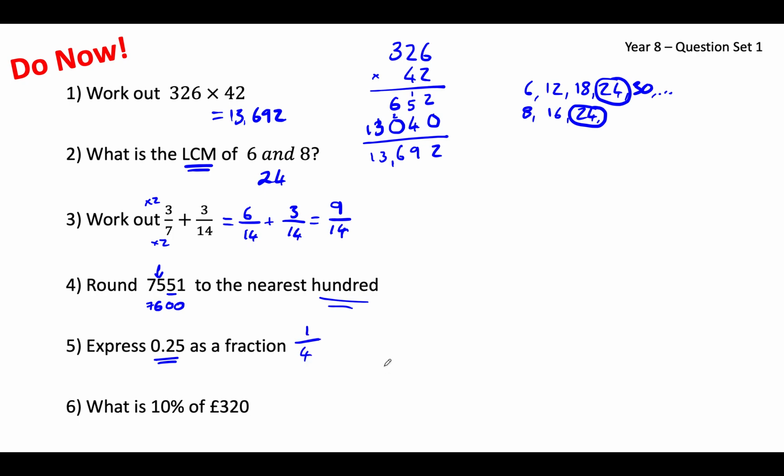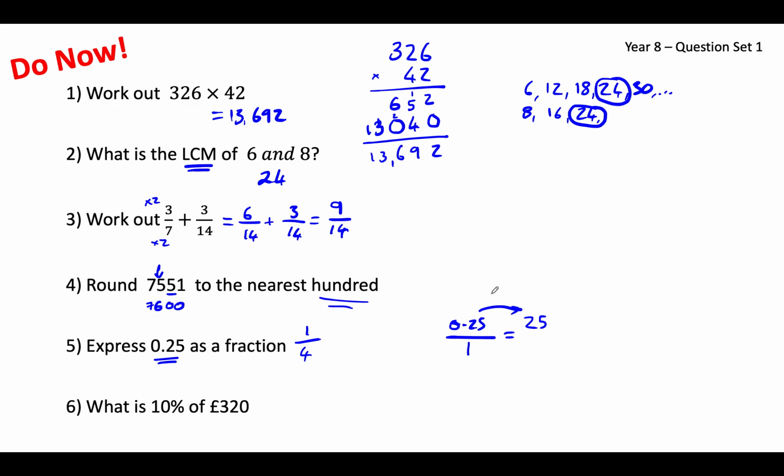Okay, now it's a slightly more complicated way because you could put 0.25 over 1. Because what happens when you divide something by 1? Well, it actually equals the same. If you divide anything by 1, it stays the same, doesn't change. Now, on top of my fraction, I want to be a whole number. So I have to think about what do I need to times it by to move it from 0.25 up to 25?